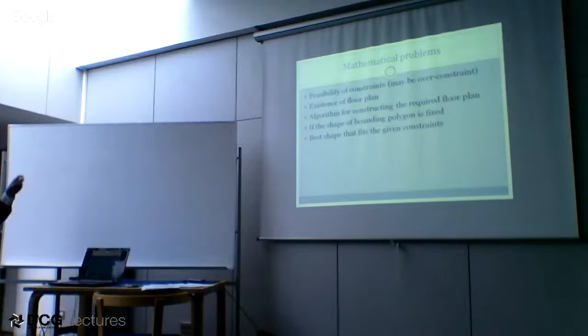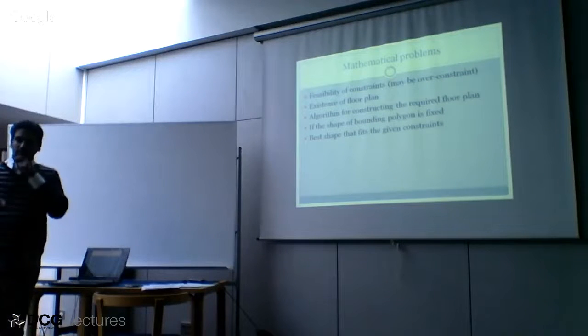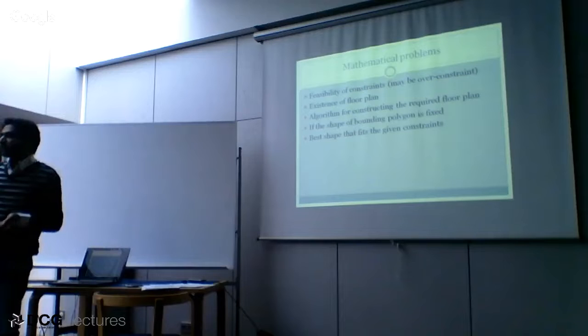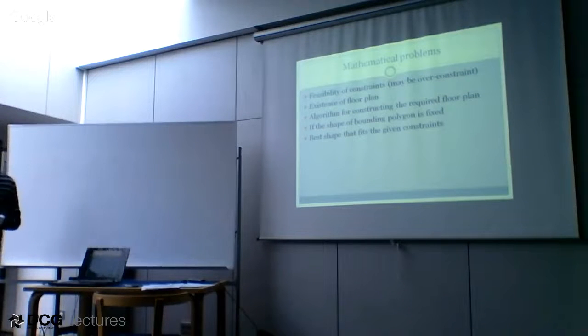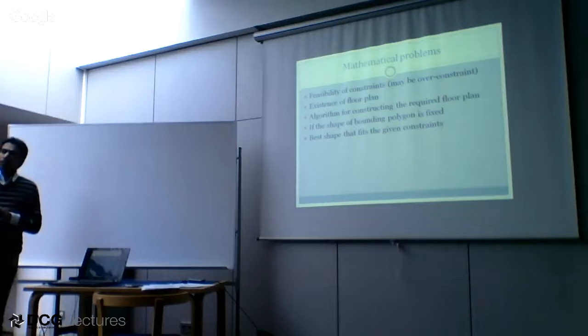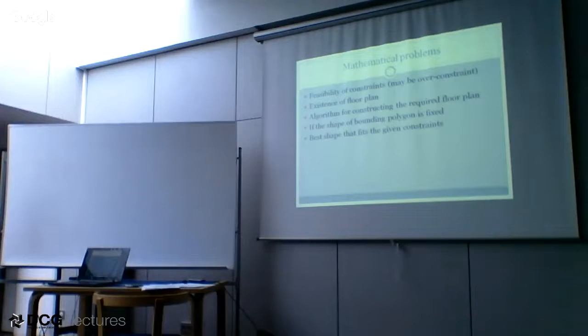So this is typically a mathematical problem: if there is a graph, does there exist a floor plan corresponding to it, to check the feasibility of the constraint. Now, if we have been given the graph, does a floor plan exist corresponding to it or not?